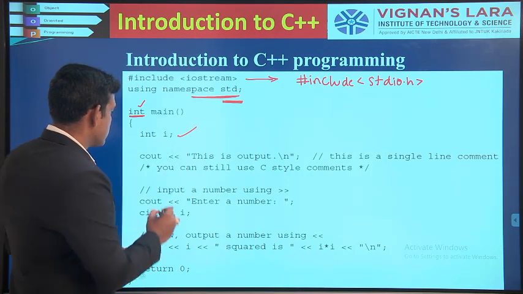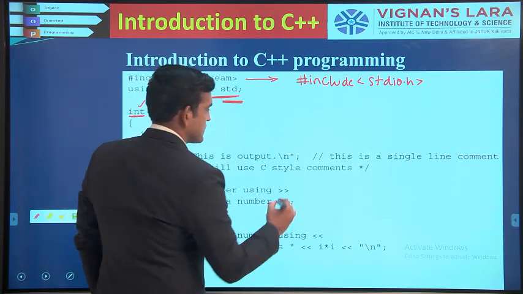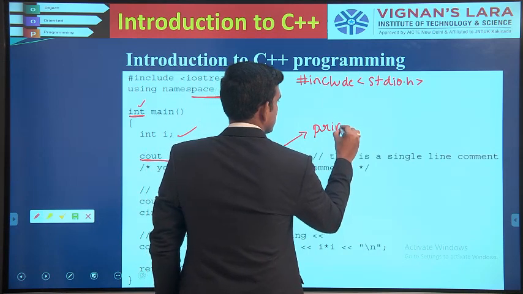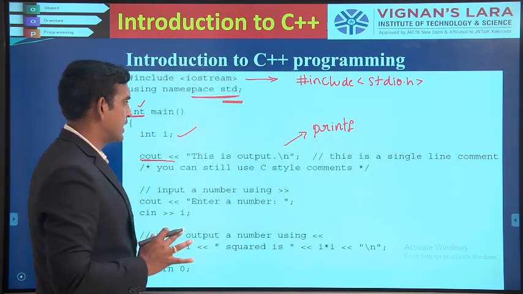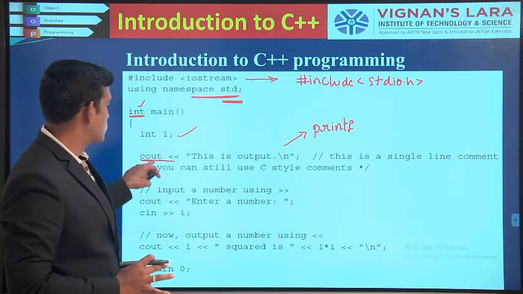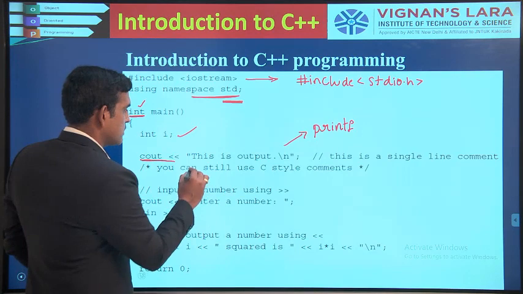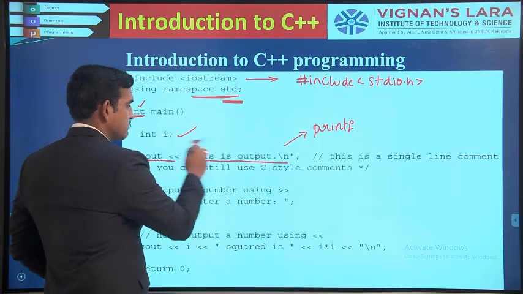Next, you have something called cout. Cout will act like your printf in C language. In C++, we use the cout object, and whatever contents you want to print on the screen, you can write between the quotes.